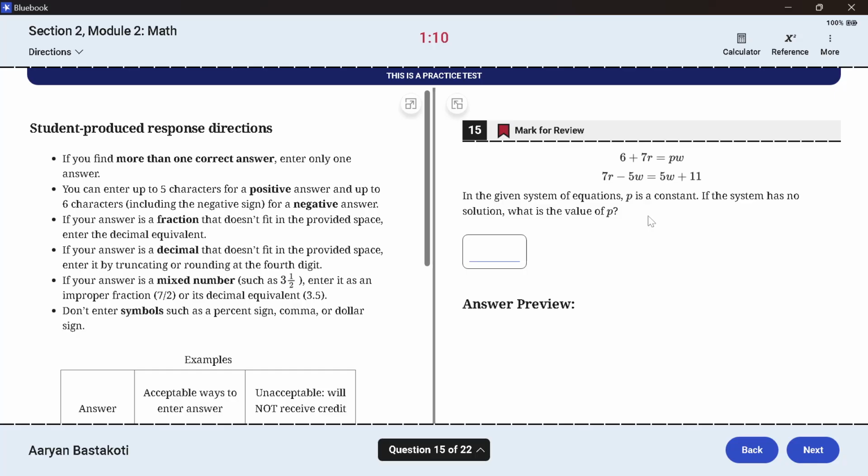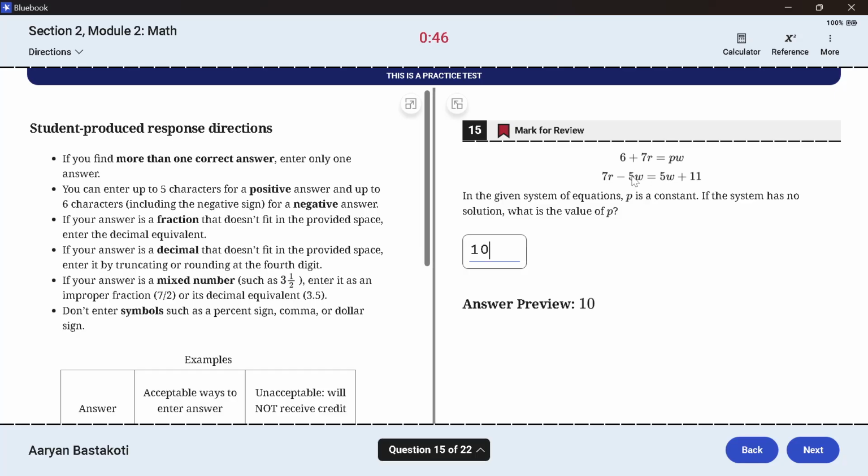Okay, so if the value of p is 10, then it would have the same slope. Yes, it is 10.